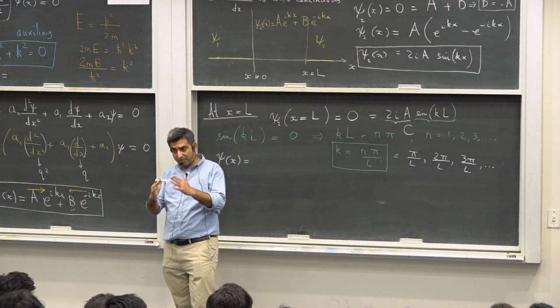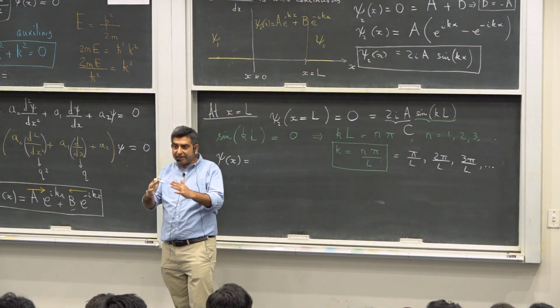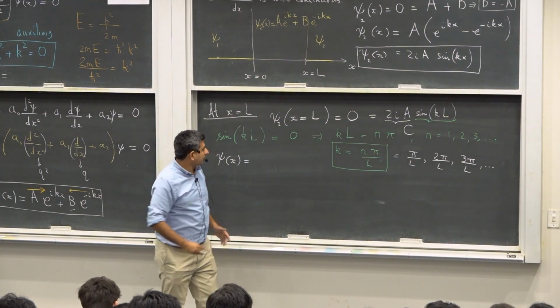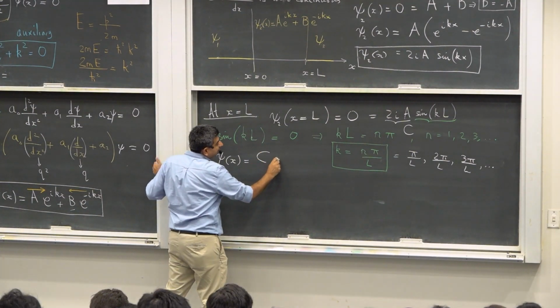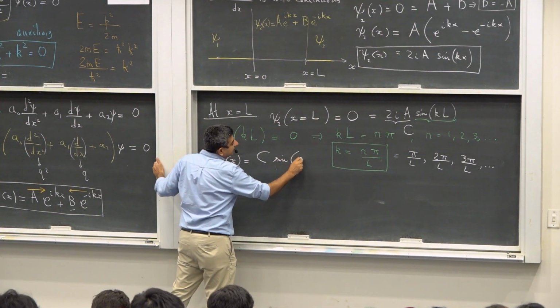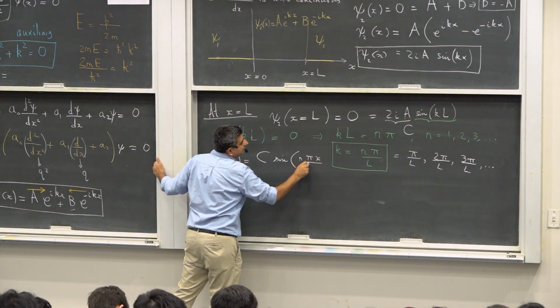kL is n times pi, where n is some number: 1, 2, 3, 4, and so on. So n is a natural number. n is any such number.